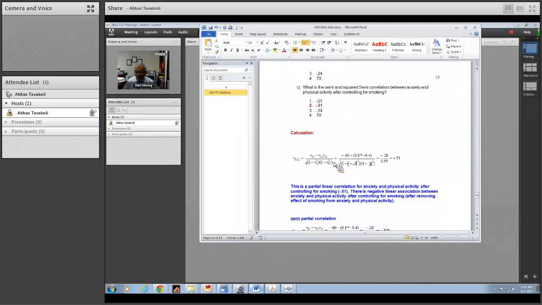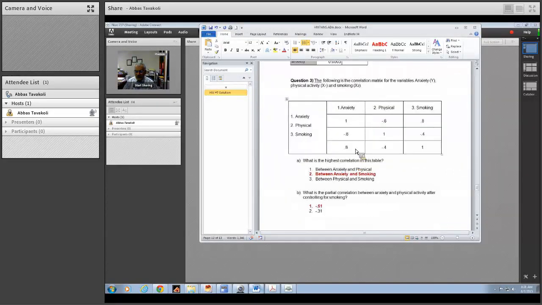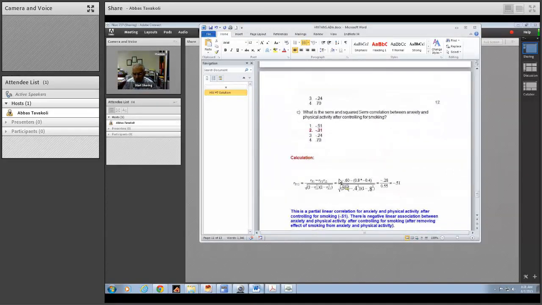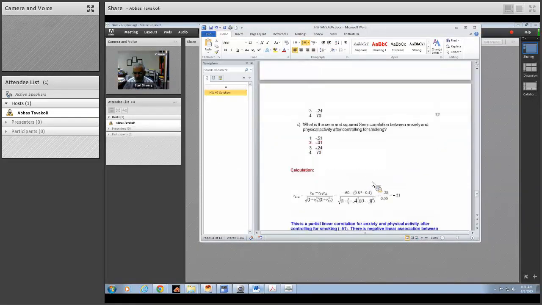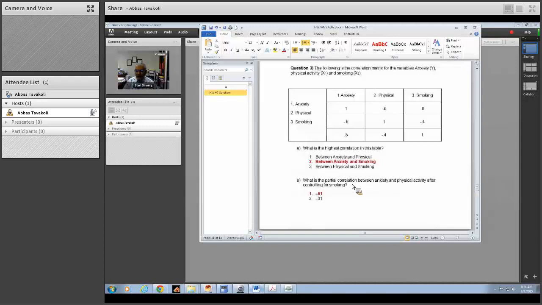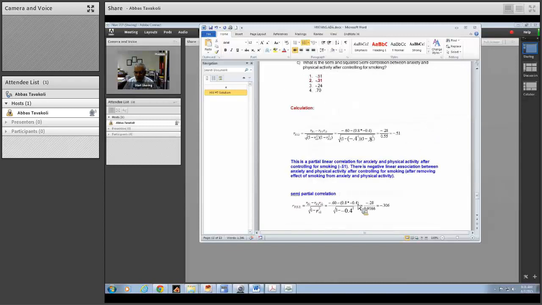Here, RY1 is the correlation between anxiety and physical activity, which is negative 0.6, minus RY2, the correlation between anxiety and smoking, 0.8, times the correlation between physical activity and smoking, which is negative 0.4.